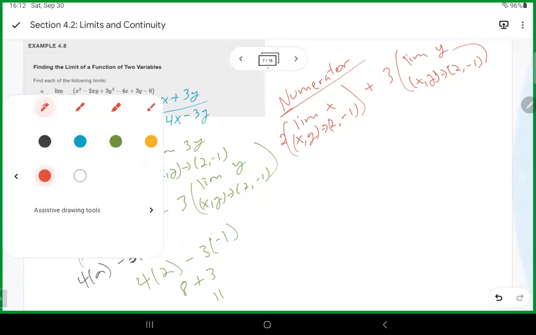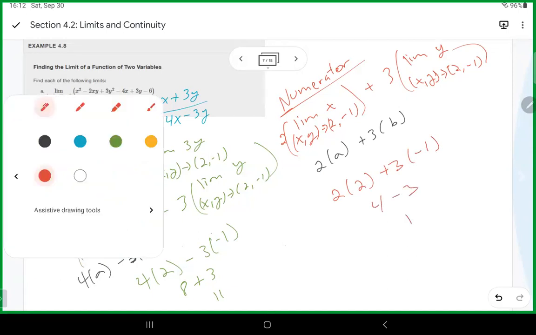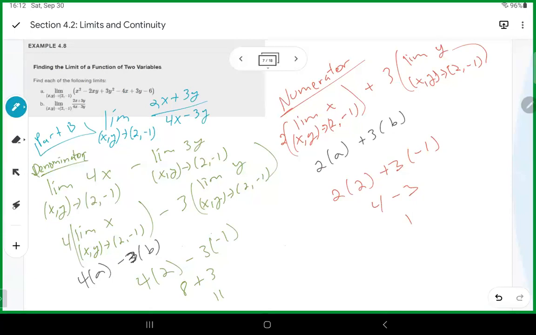So that's going to end up giving you 2 times a plus 3 times b, which is 2 times 2 plus 3 times -1 will give us 4 minus 3, so 1. So your overall answer is going to be 1 over 11.